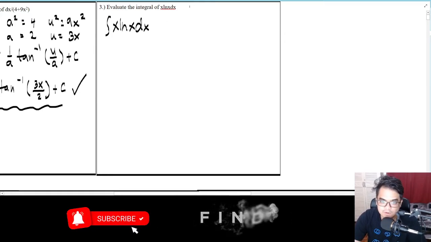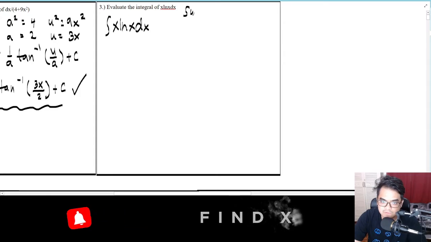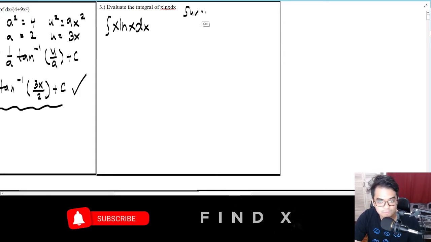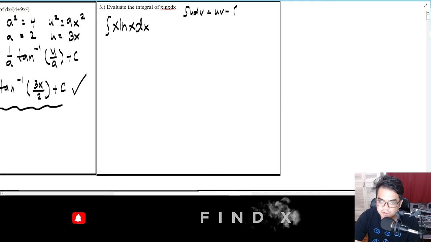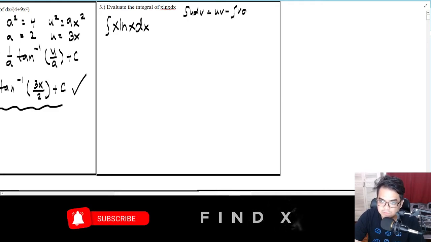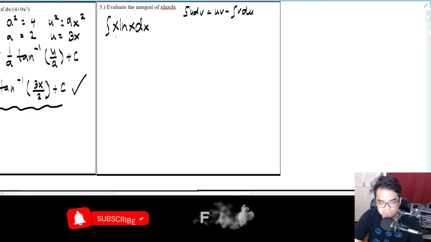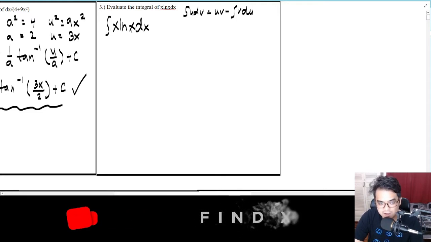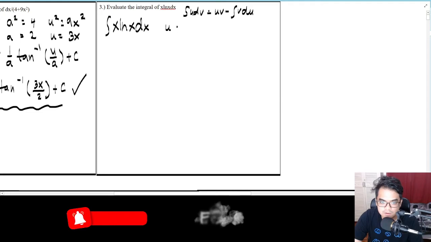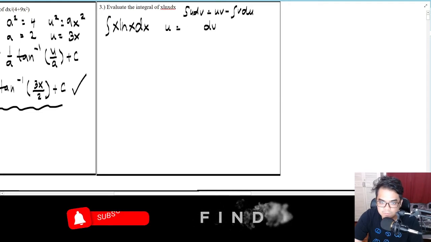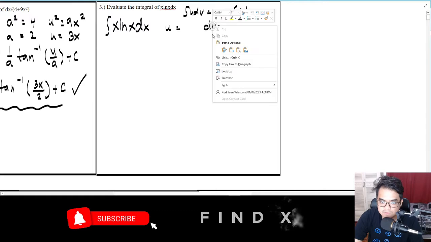Remember that the formula is the integral of u dv is equal to uv minus the integral of v du. For x and ln x, one of them will be u and the other will be dv.